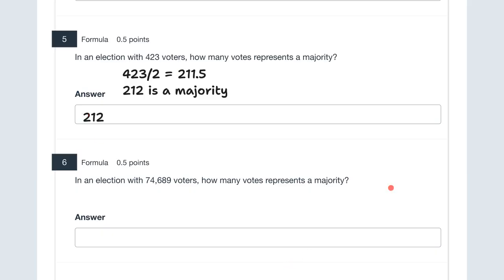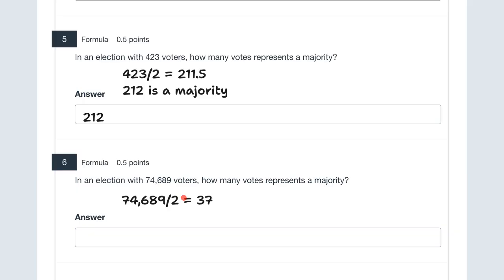Number 6 is done pretty much the exact same way. 74,689 divided by 2. So 74,689 divided by 2 on our calculator is 37,344 and a half.